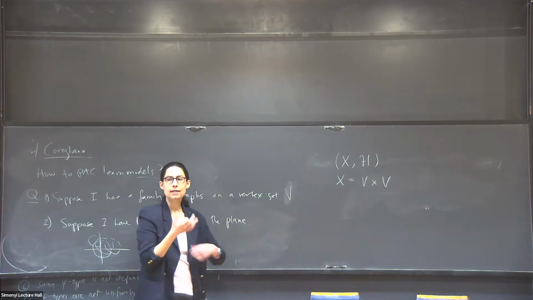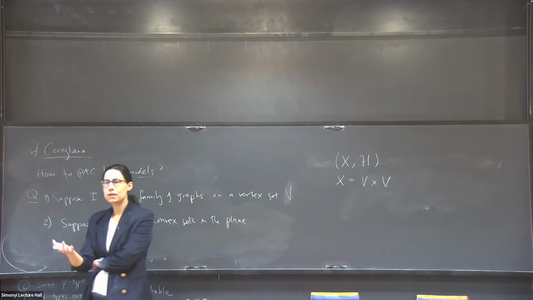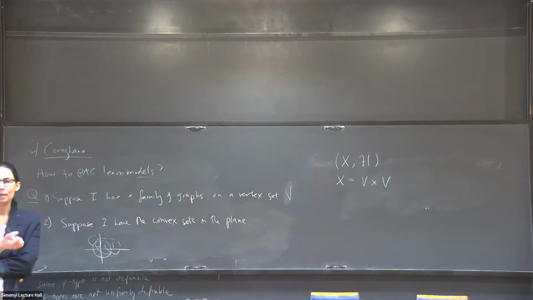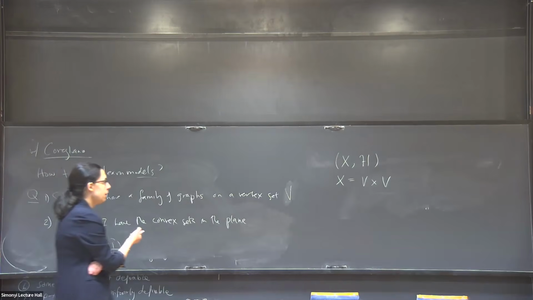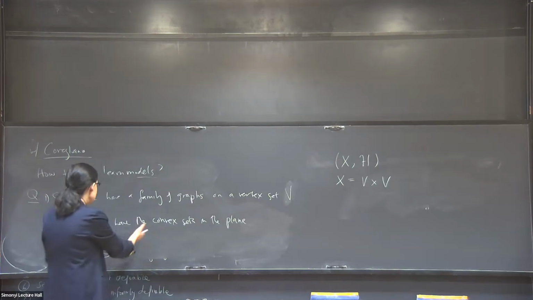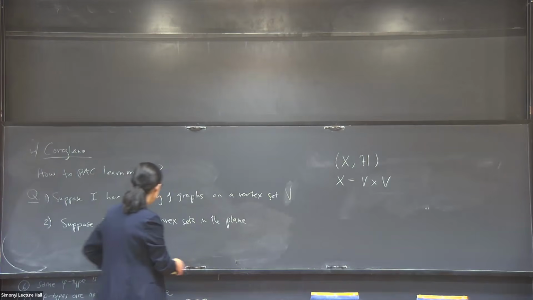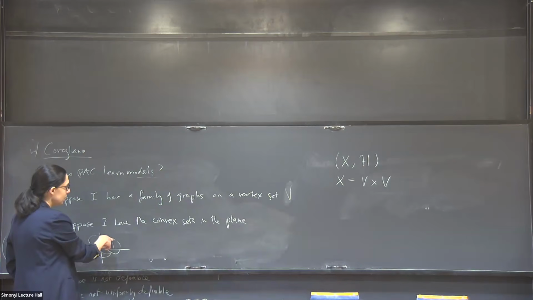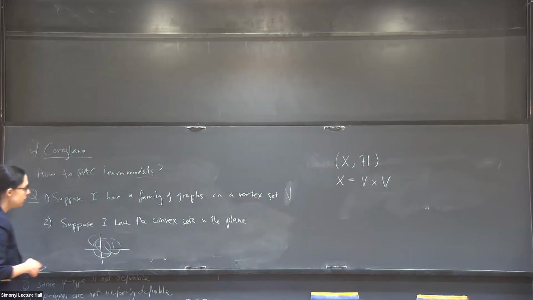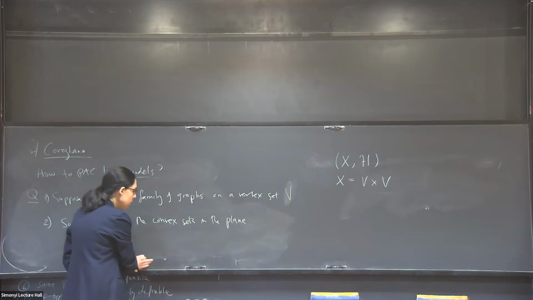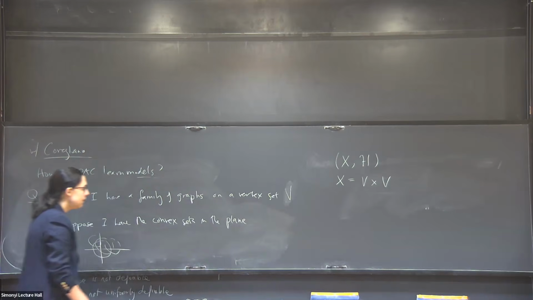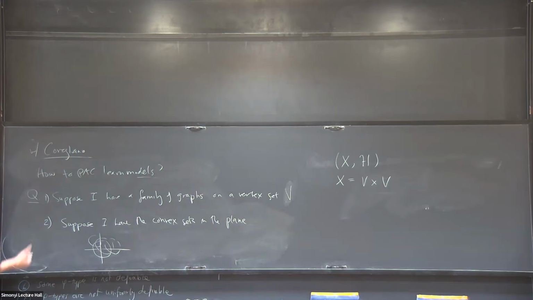Okay, so this gives a perfectly good way of encoding a family of graphs as a family of unary structures. Likewise, with the convex sets, I could just take R cross R, and I could put a 0 on all the pairs of points which are in my set and a 1 otherwise. So what's the problem? I've successfully encoded these higher dimensional objects as something which I can then PAC-learn.